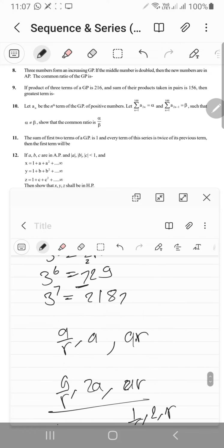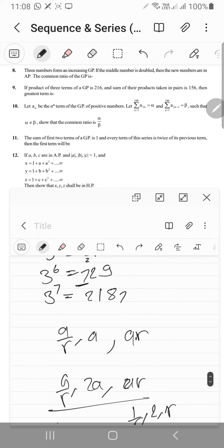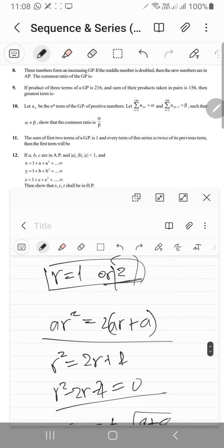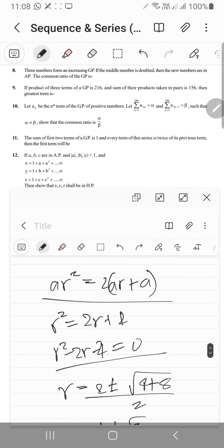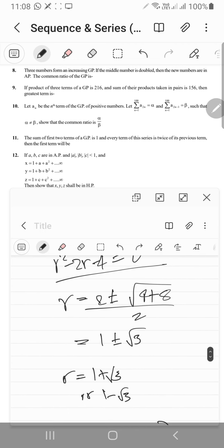Hey, in that question, what will we get? 1 plus square root 3, that's not correct. Just if it was something different, because 1 plus square root 3 and minus square root 3, they are not reciprocals of each other, so you can't say it's the same GP. Yeah, that won't work. But of course we'll try to think that maybe it's the bigger number that we have to look at. So maybe R is, you know what, let's try this once again.